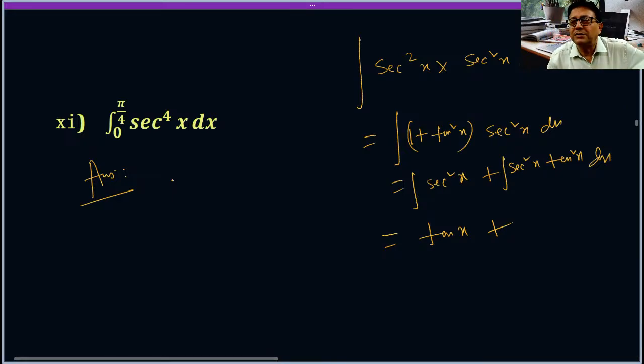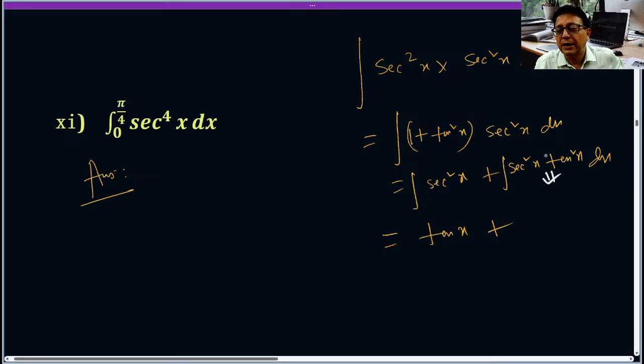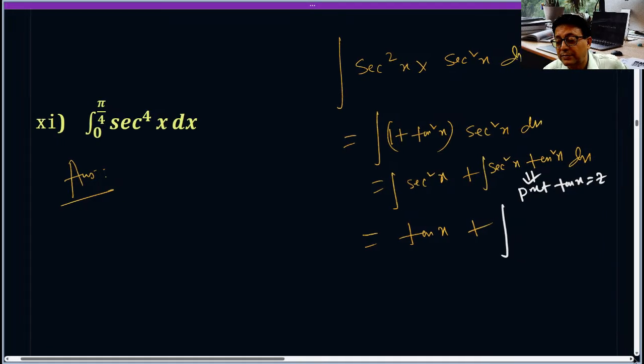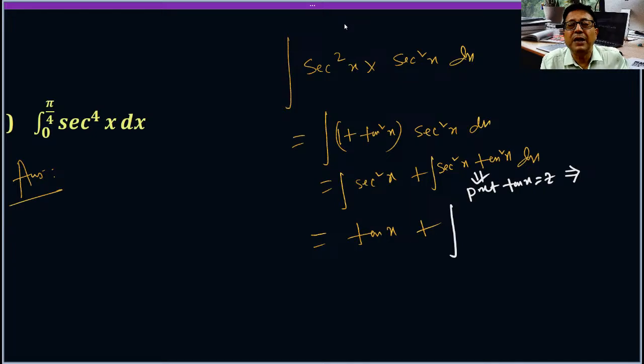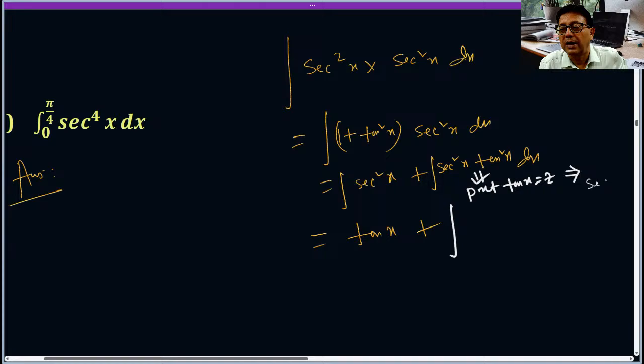Now for this one, sec square x into tan square x, put tan x equal to z. So after differentiation, what will you get? This implies that sec square x dx equal to dz.